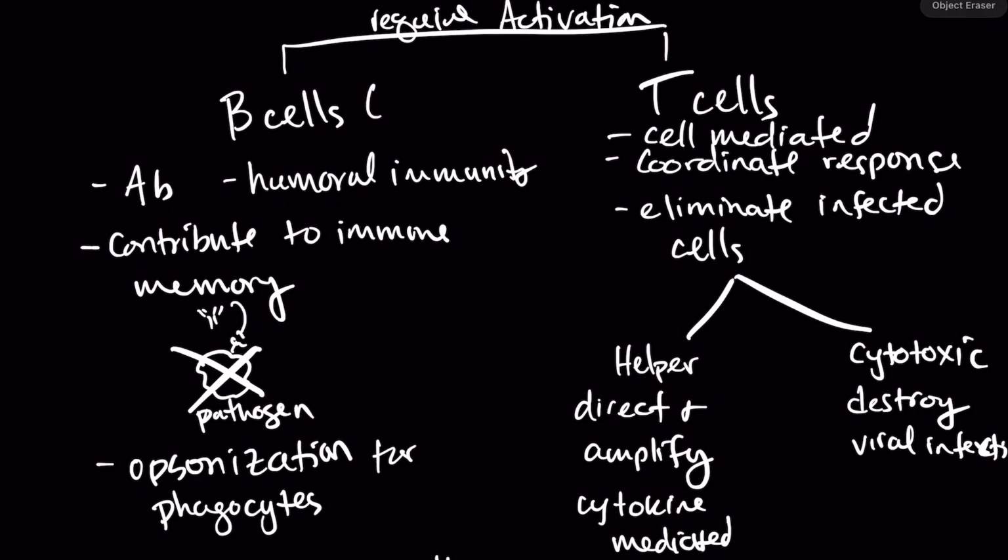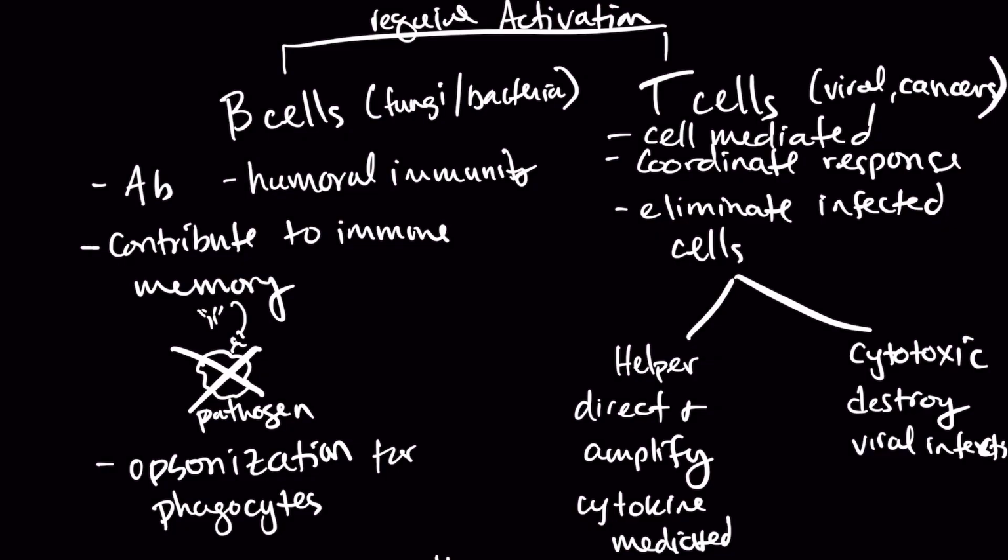specifically fungi and bacteria. We have B cells for all types of infection, but when I try to break down and just develop schemas, this could be viral, cancers. These are just how I throw them in, with the caveat that there are exceptions to the rule.